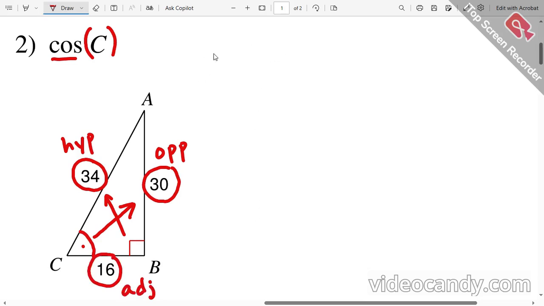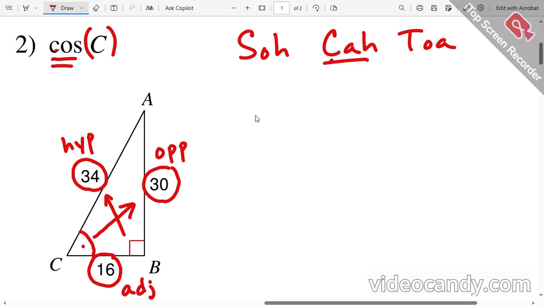So once again, SOH CAH TOA. You don't necessarily have to write this every time. But since we're using cosine, the C here represents the cosine, so we're using that one.